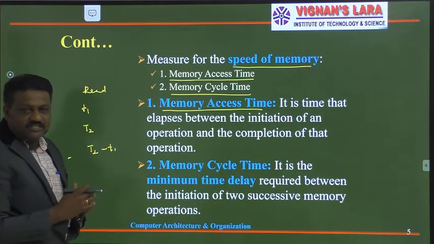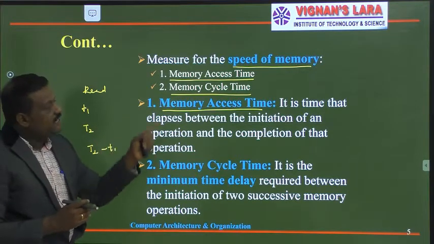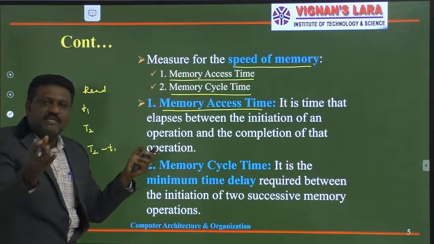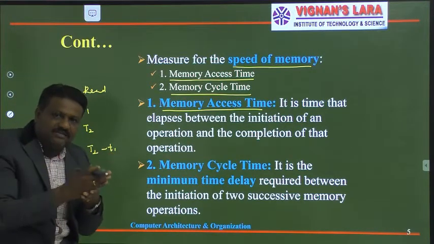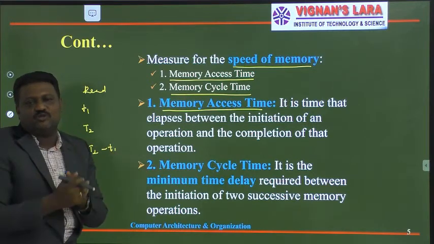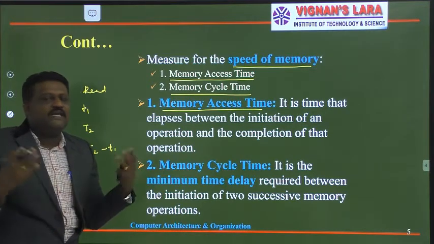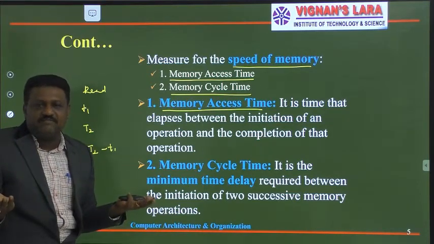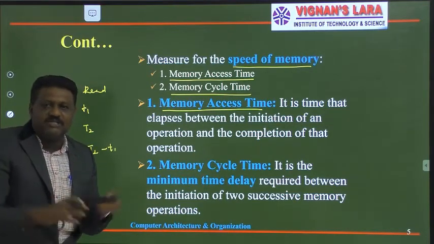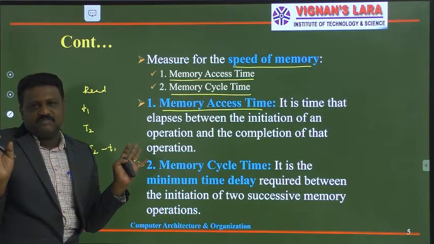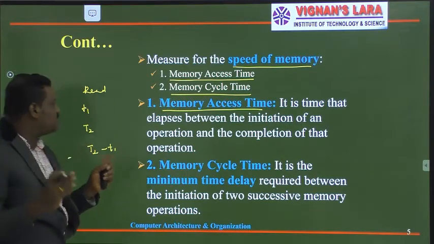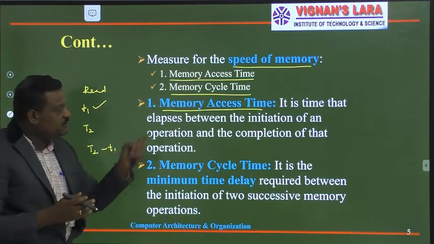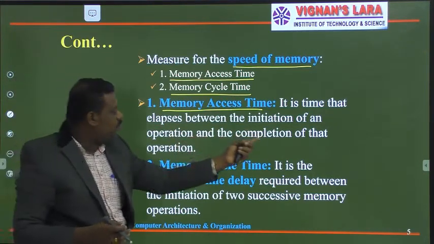So what is memory access time? Here we clearly say that it is the time that elapses between the initiation of an operation and its completion. Initiation means the instant at which the processor generates the address of a location, because every time the processor wants to communicate with either memory or IO devices, the first thing it does is generate an address. So the processor generates the address of the memory location at T1, and that is the initiation of the operation.